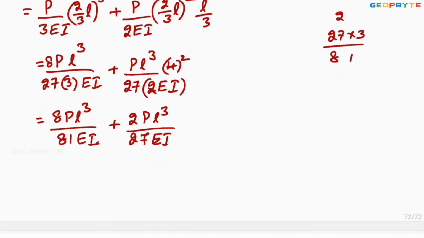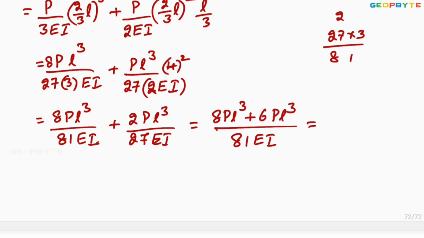It can also be written by taking the LCM, 81 EI: 8 PL cube plus 3 into 2, 6 PL cube. You simplify this value, 8 plus 6 equal to 14 PL cube, 14 PL cube by 81 EI. So that is the deflection.